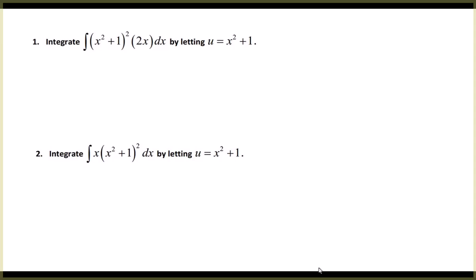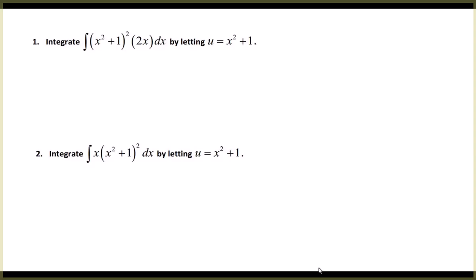So we've got the integral of (x squared plus 1) squared times 2x dx. Again, the trick is seeing, oh, this would be the derivative of something else. And so one clue is look for the more complex thing. Well, that x squared plus 1 to the second power, ding, ding, ding, that's more complex than 2x. So I'm looking at that and I'm thinking x squared plus 1, that could be u.